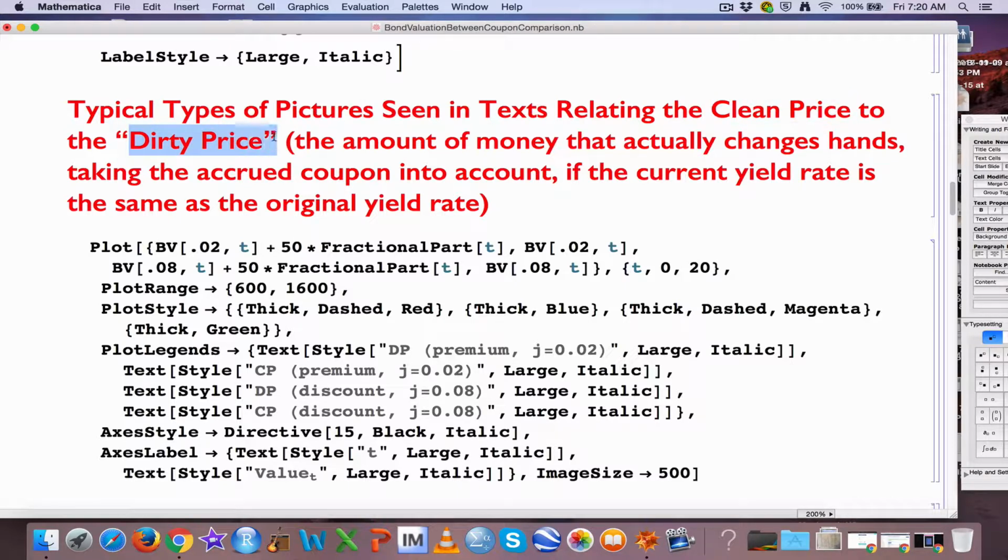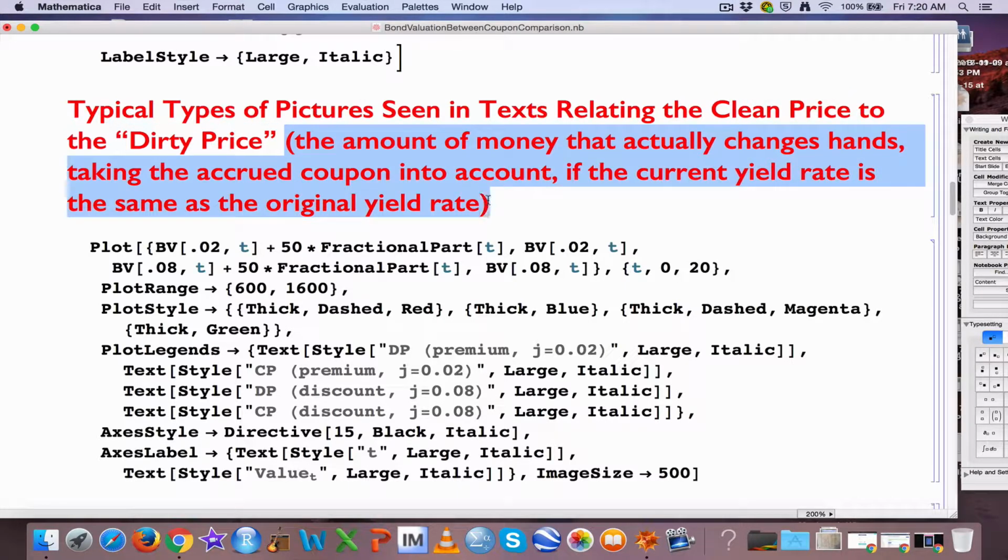The dirty price is actually the amount of money that changes hands between buyer and seller, at least if the current yield rate is the same as the original yield rate. Now, yield rates can change, and that does affect how much money changes hands as well. But if the current yield is the same as the original yield rate, then the dirty price is the amount of money that changes hands. And it's essentially trying to take the accrued coupon into account.